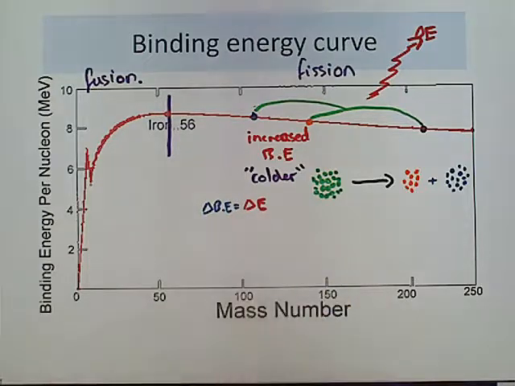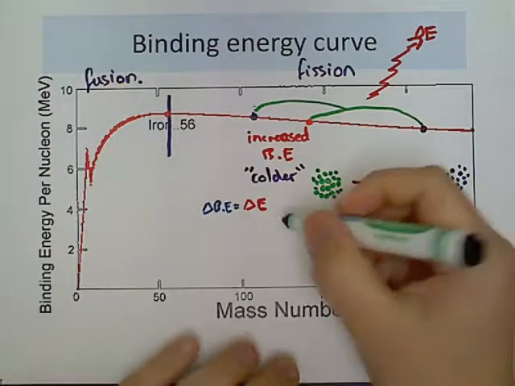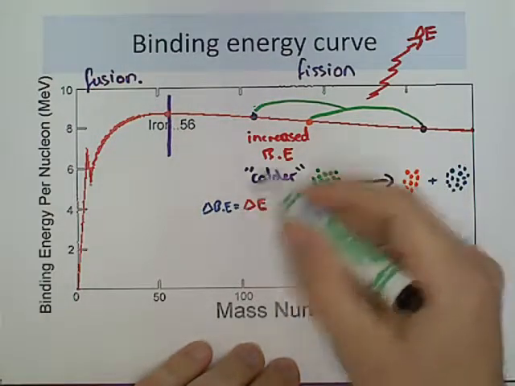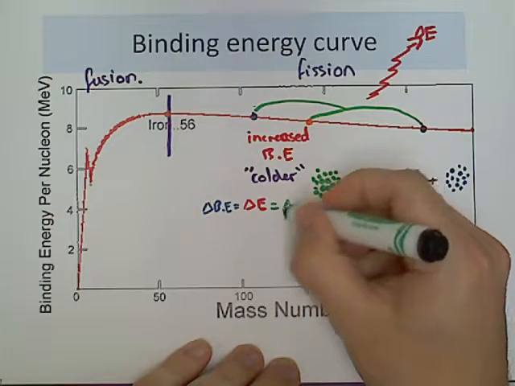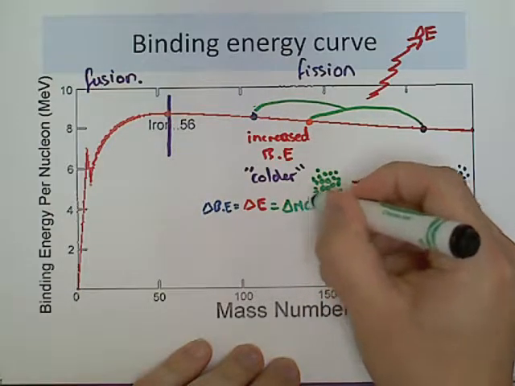Now, we can actually take this even a step further, because as we well know from the previous video, binding energy, or the energy that's released in a reaction of this nature, is also equal to the change in mass times c squared.